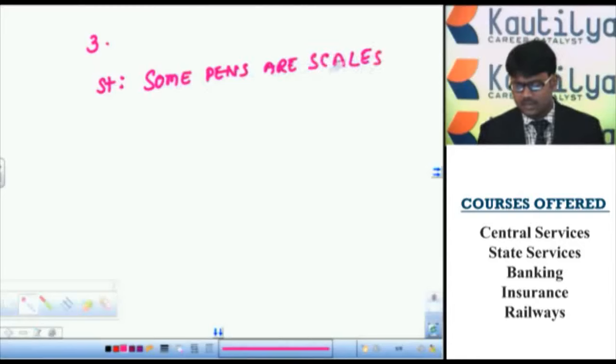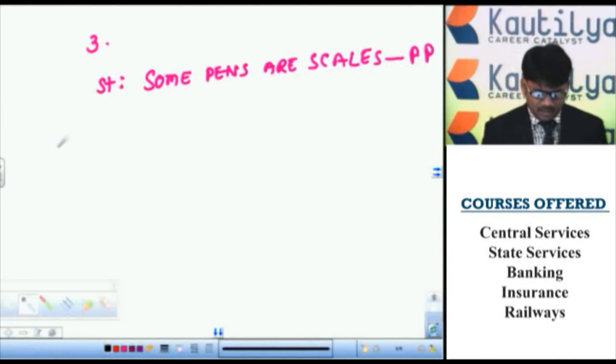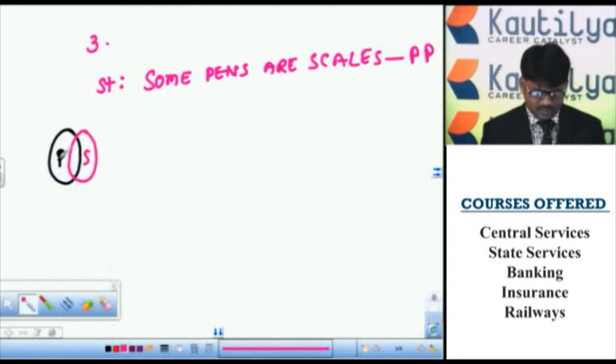This is a particular positive statement. The particular positive statement we have to represent in four diagrams. In the first diagram, some of the pens belong to scales. Some of the pens are scales in the first diagram.